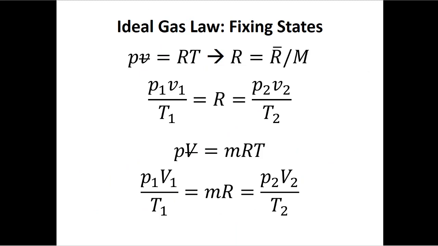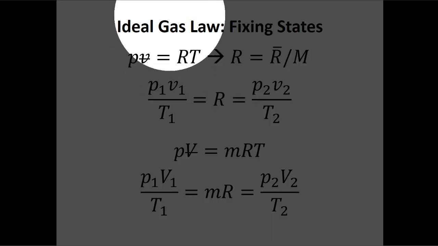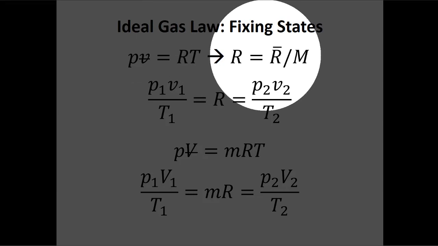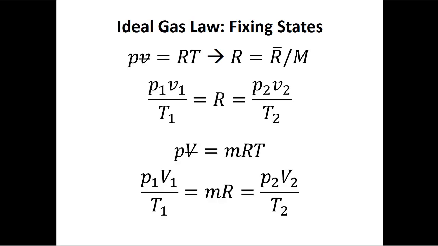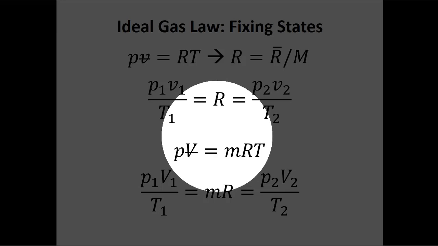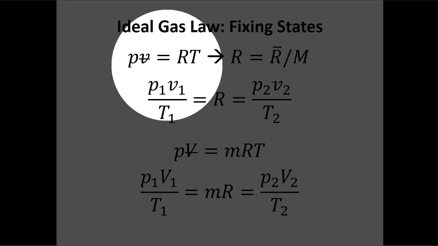Now, we typically are going to use ideal gas laws with the specific gas constant, where R is equal to R bar divided by the molecular mass, M. And we can use this in several different ways. So we can use this as PV is equal to mRT, or P little v, that's P times the specific volume, is equal to RT.